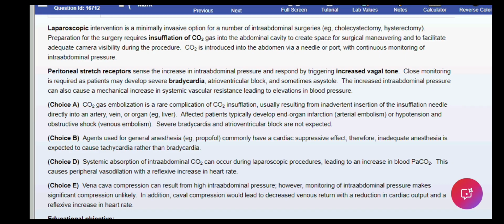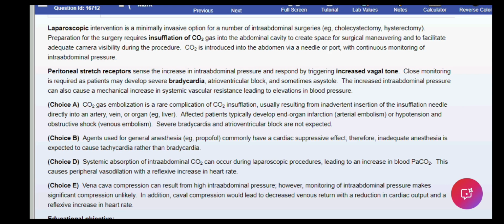Peritoneal stretch receptors sense the increase in intra-abdominal pressure and respond by triggering increased vagal tone. So, close monitoring, because these patients may develop severe bradycardia, atrioventricular block, and could even get asystole because of increased vagal tone related to peritoneal stretch receptors.